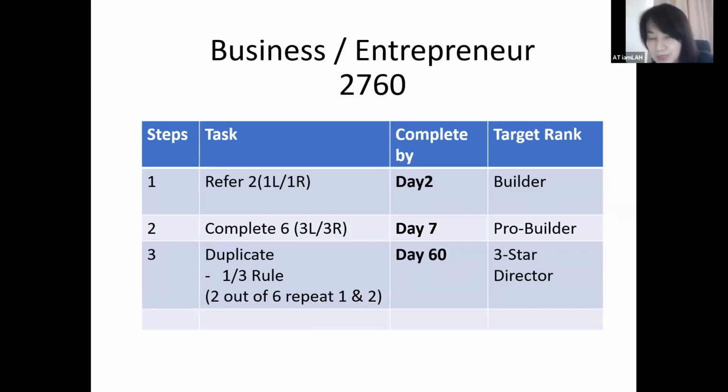You're called a builder. By day 7, you have completed your 6 people, 3 left, 3 right. You become a pro builder, and then you duplicate. By 60 days, you will be able to hit at least a 3-star director, whether you are in business or entrepreneur.